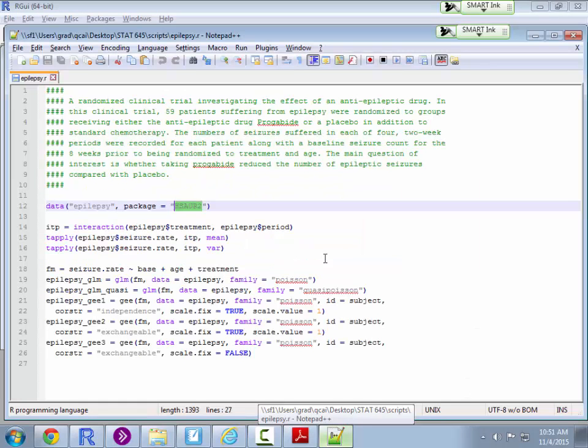So these data are correlated data. They're longitudinal data because we have 4 measurements over time on each person. Another interesting element of these data is that they are count data, the number of seizures in each time period.